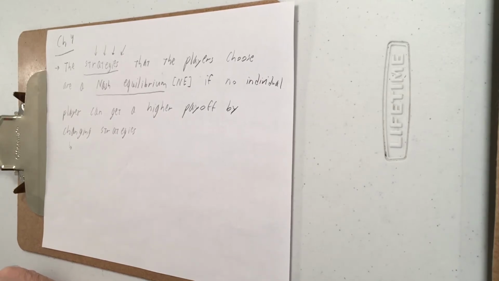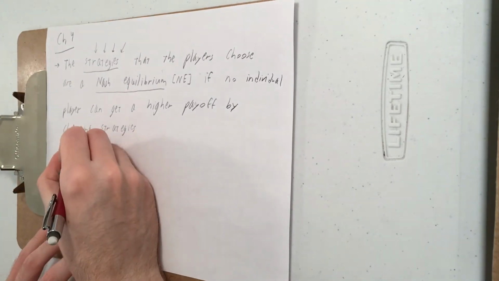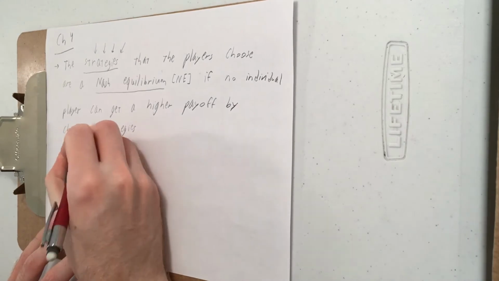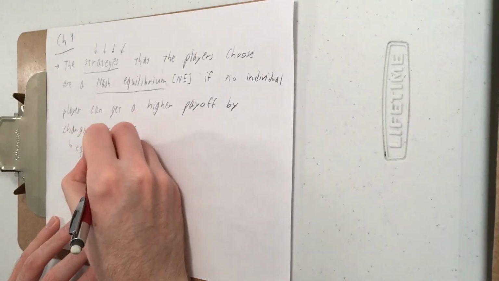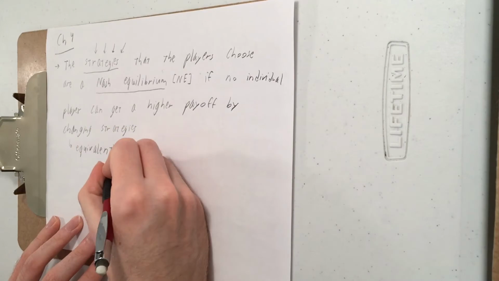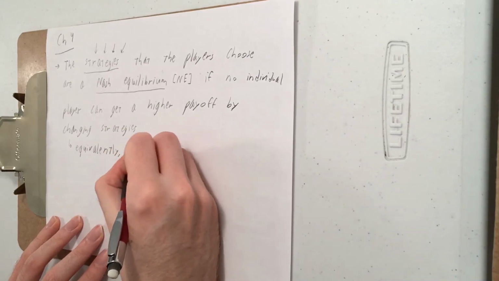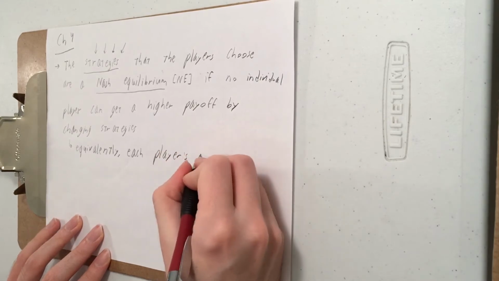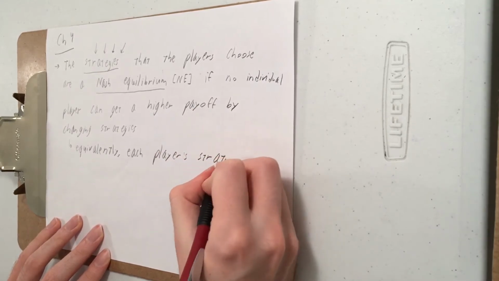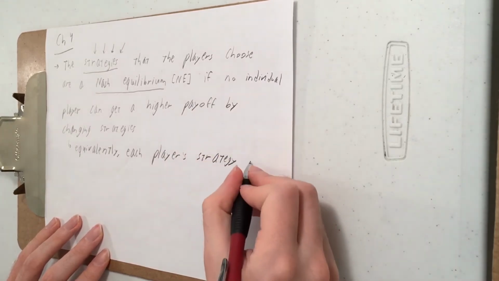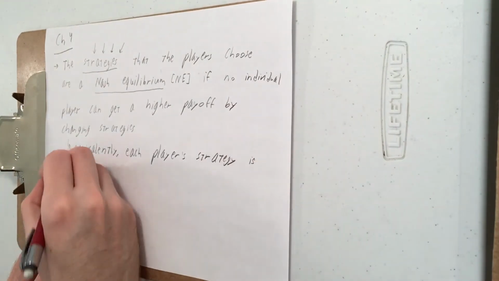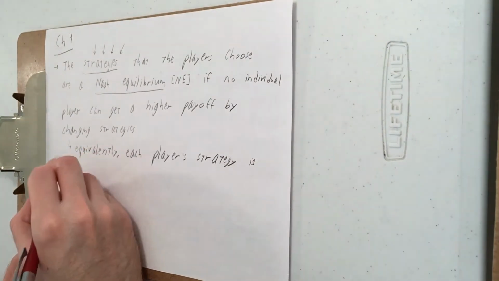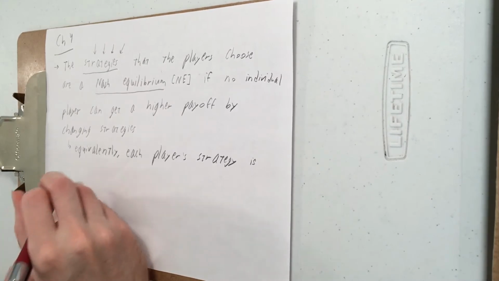That is that every player's strategy is a best response to everyone else's strategy. It's often referred to as playing mutual best responses.